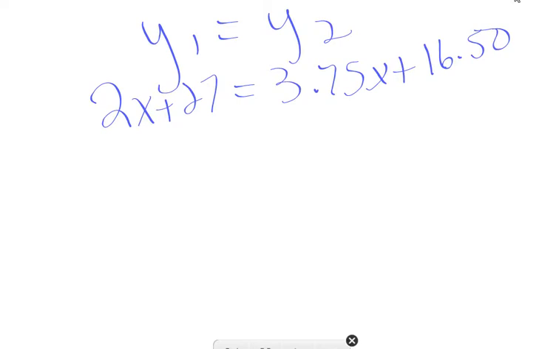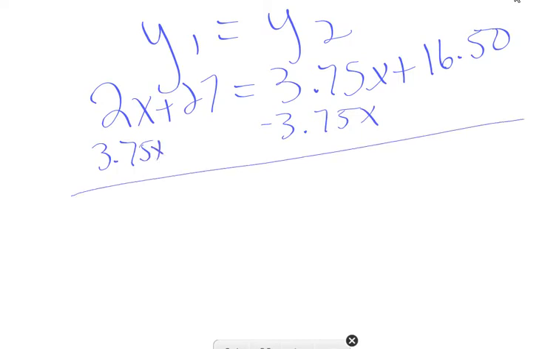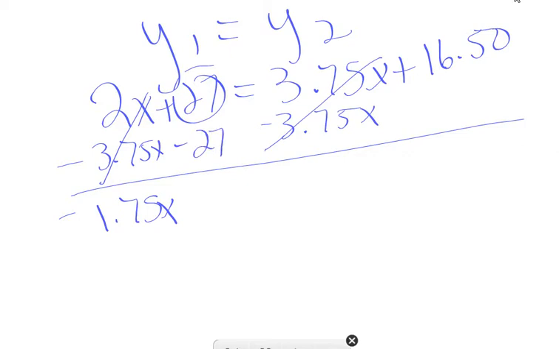So the first thing I'm going to do is subtract 3.75x from each side. When I do that, I get a negative 1.75x there, and this goes away. Now let's put our constants on the other side, so subtract 27 from each side.